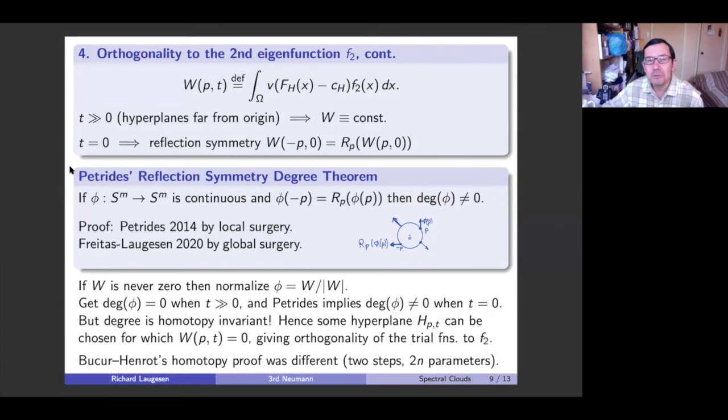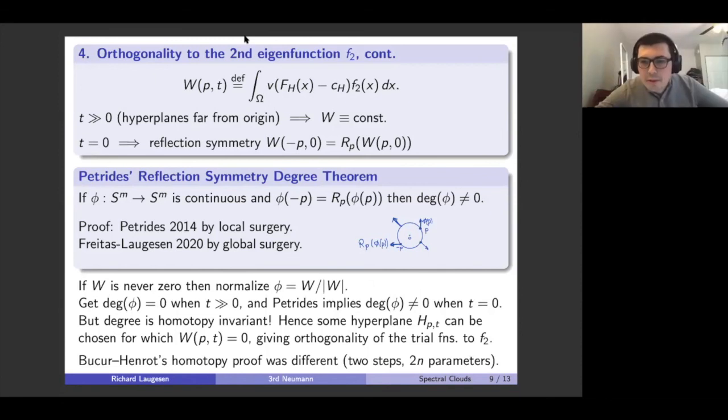Of course, you can also ask about SLn mod SOn. You can ask for higher rank. These are also symmetric spaces. I think the higher rank case would be interesting because it's precisely along this line.